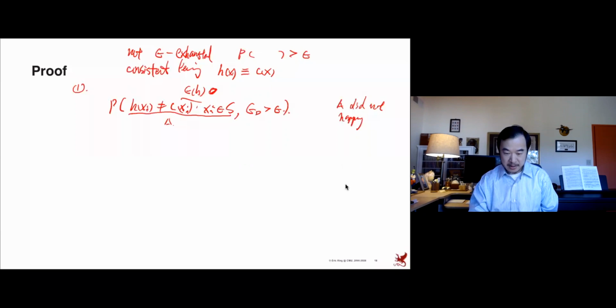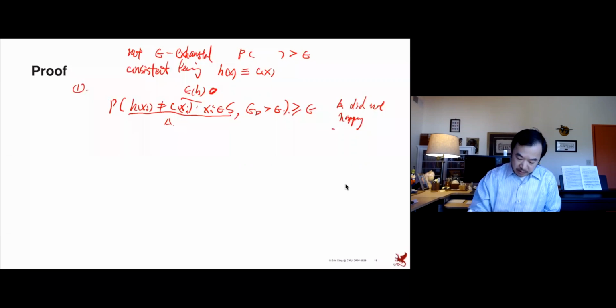I'm going to suggest that it is going to be some number greater than epsilon. Epsilon is just the upper bound of all the errors that you could commit by any hypothesis, and h is just one of these hypotheses. Therefore, it will be bigger than that.